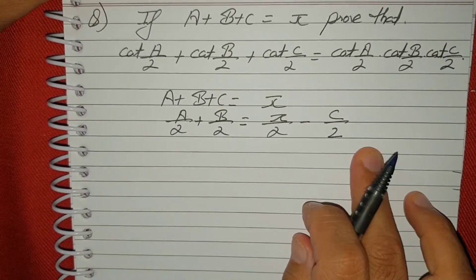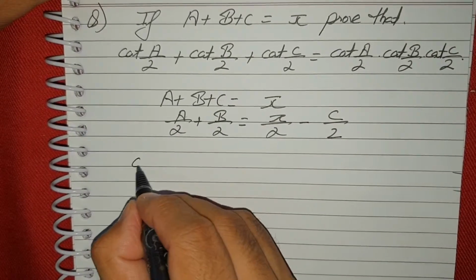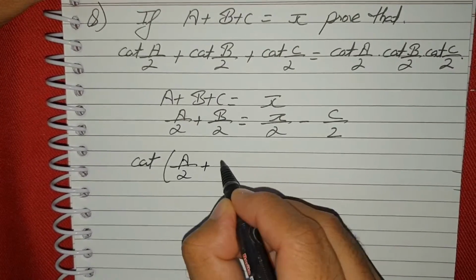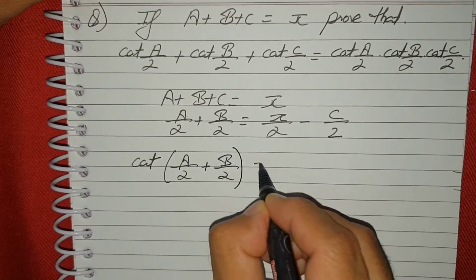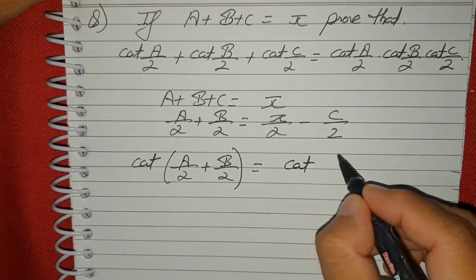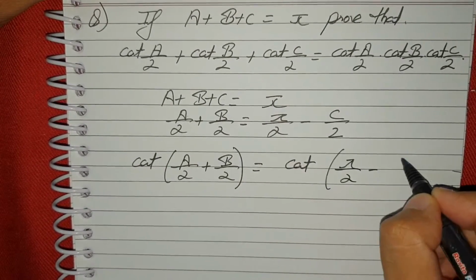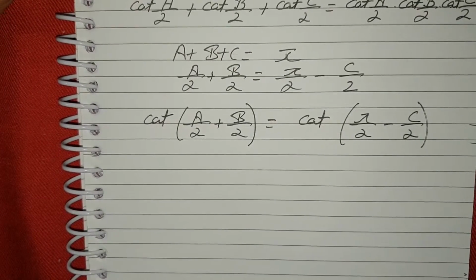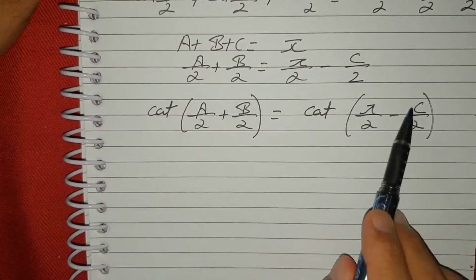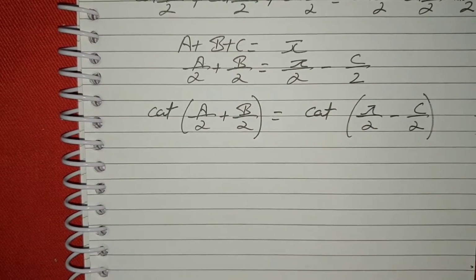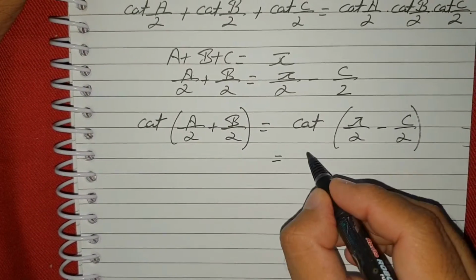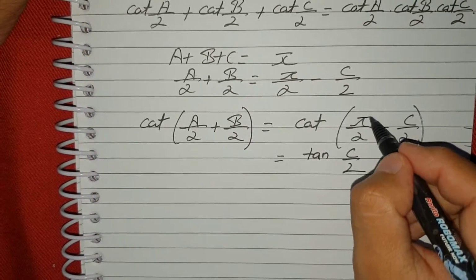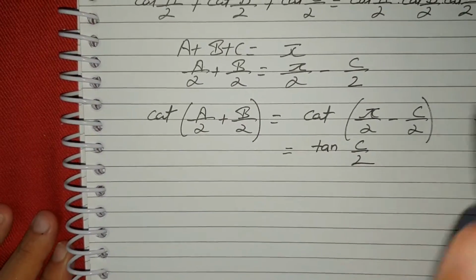Applying cot on both sides, this will be cot of A by 2 plus B by 2 equals cot of pi by 2 minus C by 2. Using the formula, cot of pi by 2 minus C by 2 will make it tan C by 2, because this is pi by 2, first quadrant, positive.